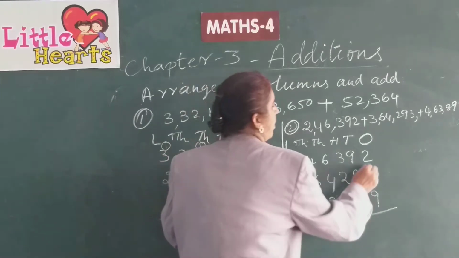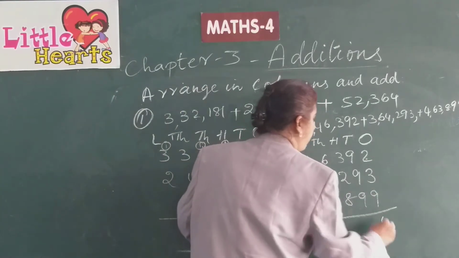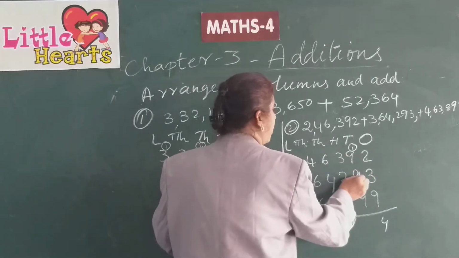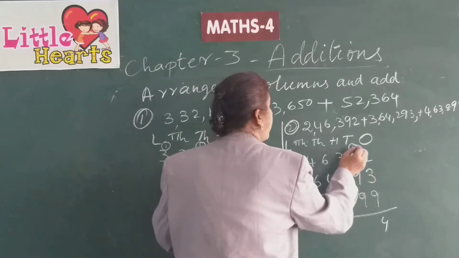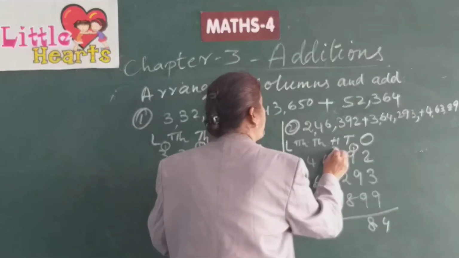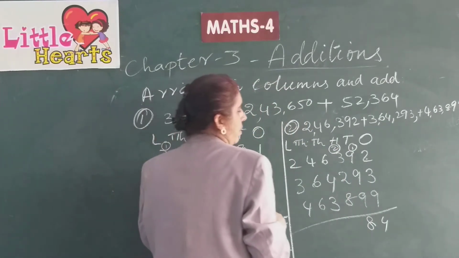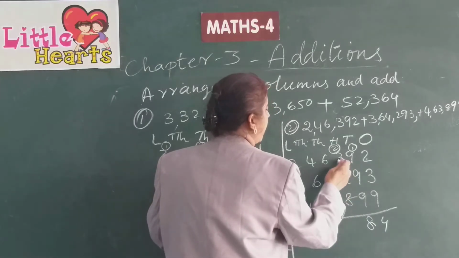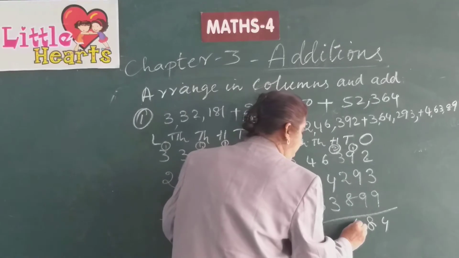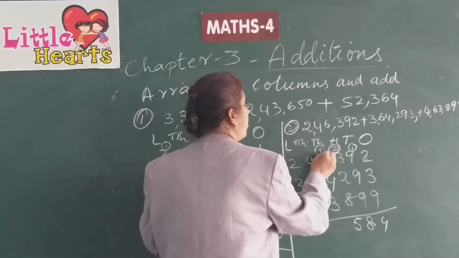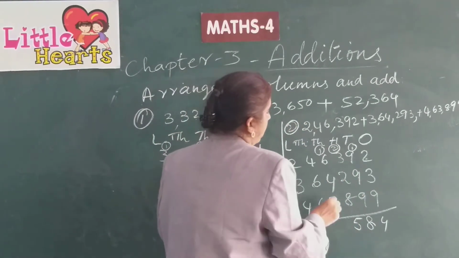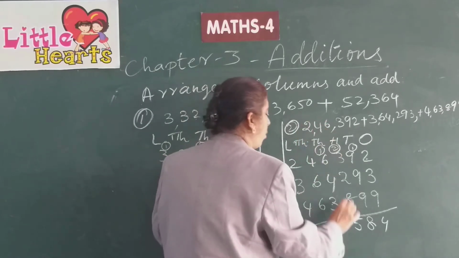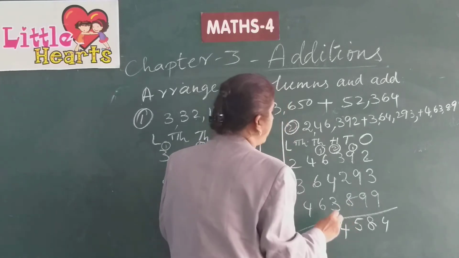2 plus 3 is 5. 5 plus 9 is 14. 9 plus 9 is 18, 18 plus 9 is 27, plus 1 is 28. Carry 2. 8 plus 2 is 10, 10 plus 3 is 13, plus 2 is 15. 5 in hundreds. Carry 1 to thousands. 3 plus 4 is 7, 7 plus 6 is 13, 13 plus 1 is 14. 4 in the thousands.